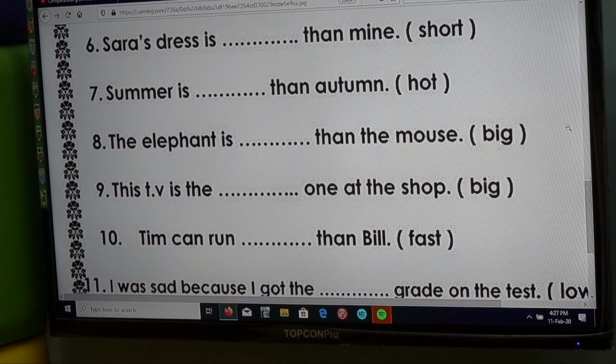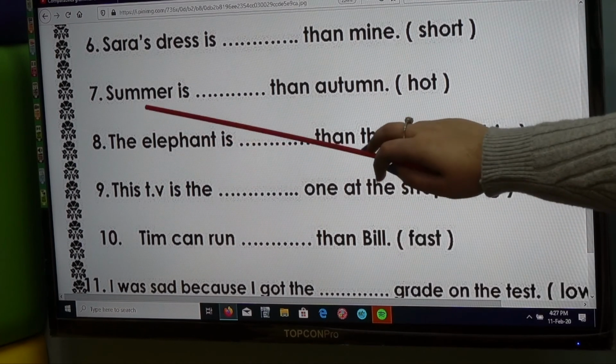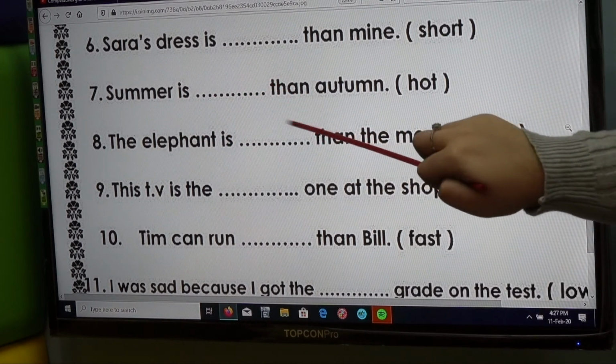So if there are 2 things here, what kind of adjective do we use? The ER one or the EST one? Comparative or superlative? That should be comparative. Yes. Summer is what than autumn?